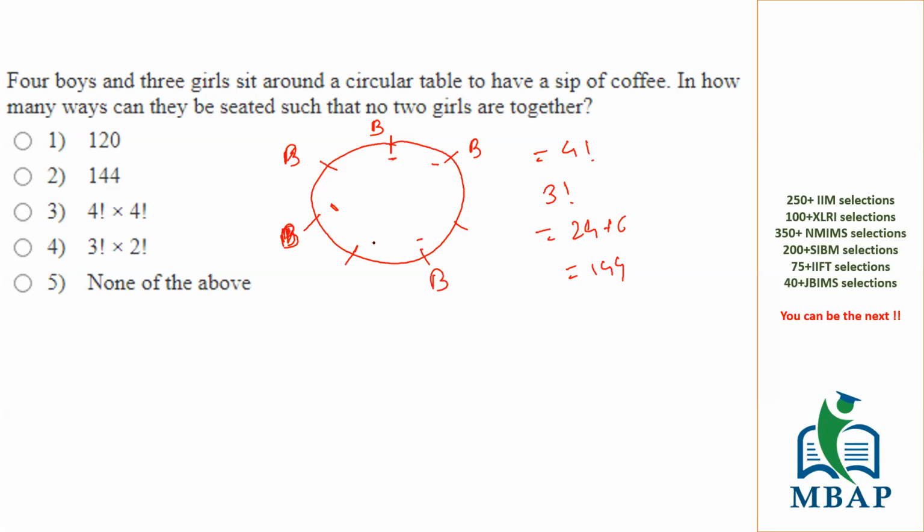So you have four spaces, you have four boys, that will be done in 4 factorial ways or 4P4, which is equivalent. Now how many spaces are remaining? Three spaces are remaining for girls. Three girls can be seated in three spaces in 3 factorial ways. Hence the answer is 24 into 6, which is 144. If this is clear, we'll move ahead.